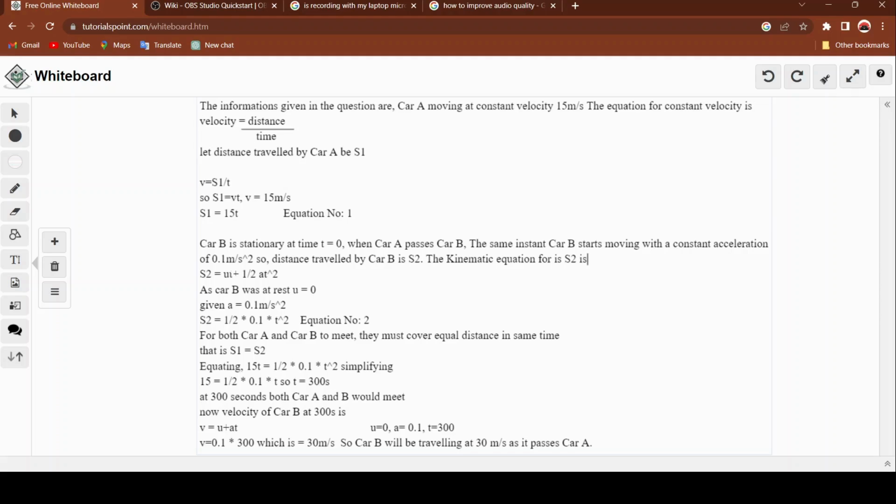Now substituting these values in the kinematic equation of velocity, that is v is equal to u plus at, we get V is equal to 0.1 times 300, which is velocity equal to 30 meters per second. So car B will be traveling at 30 meters per second as it passes car A.